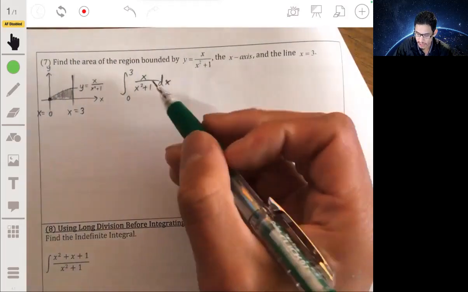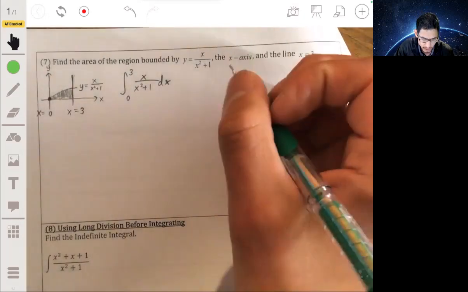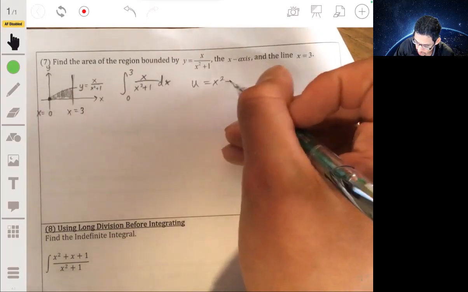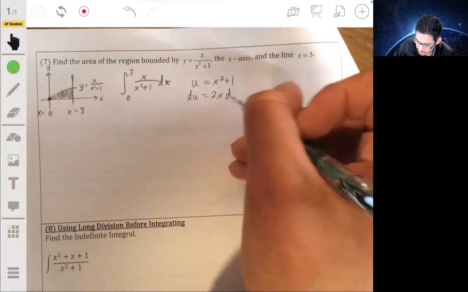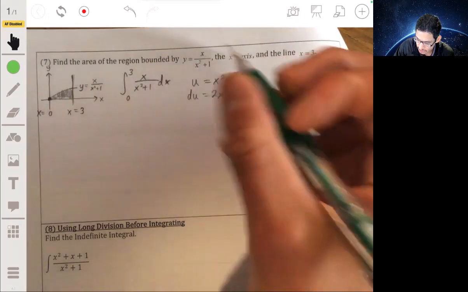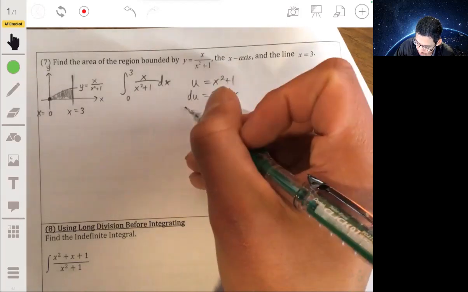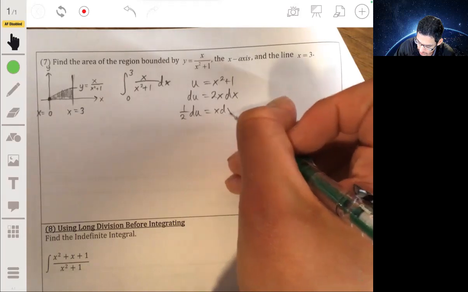And so here we're going to need to use u substitution to integrate this. So what we're going to do is make u the x squared plus 1. And du will be 2x dx. And we've got x dx, so we just want to divide this by 2. And then we'll get 1/2 du will be x dx.